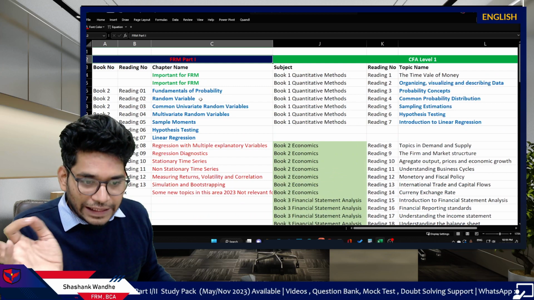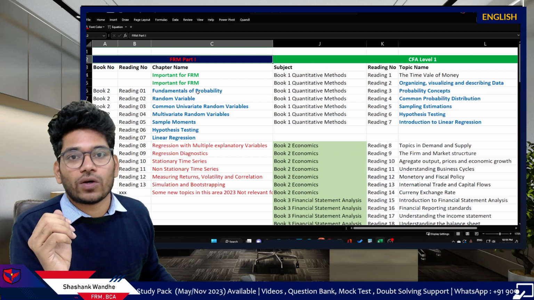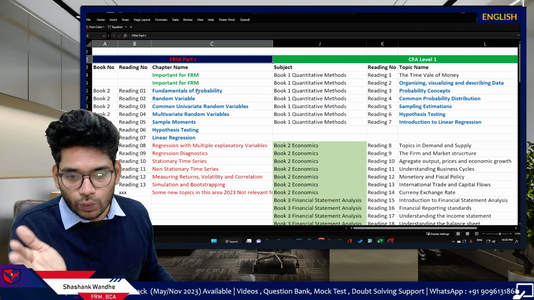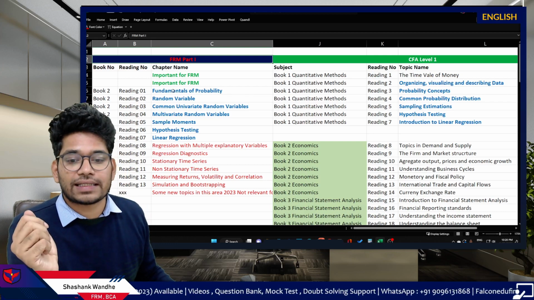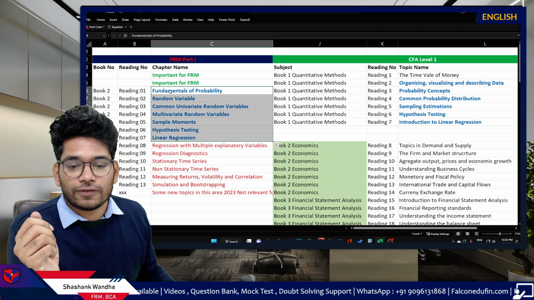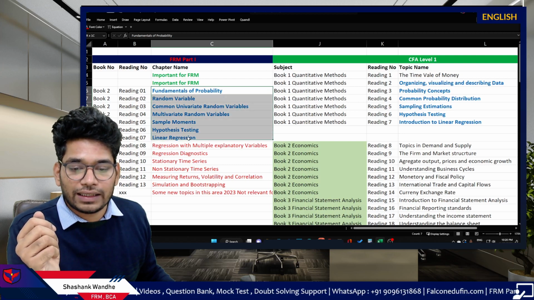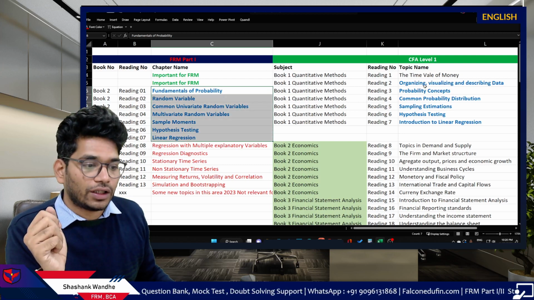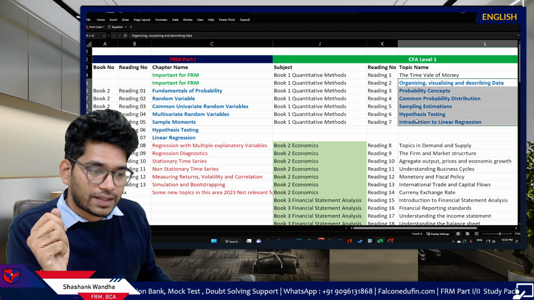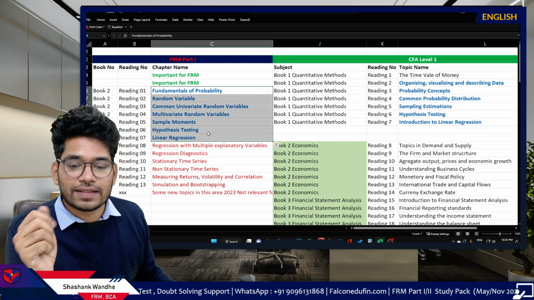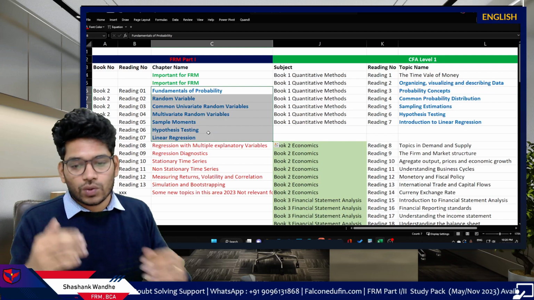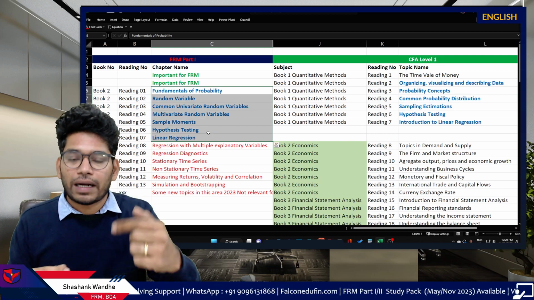Now, the first common overlap between these two curriculums is in quants. From fundamentals of probability till linear regression, you have common topics in CFA level 1 as well. You might see some difference in the number of topics. What GARP did was divide the curriculum into multiple topics.